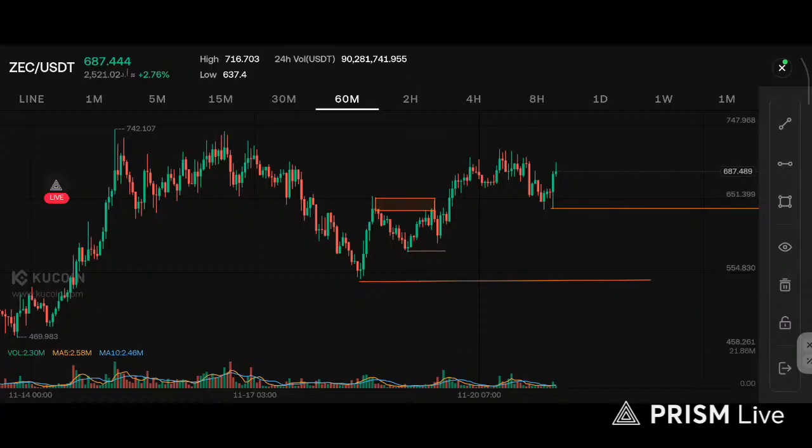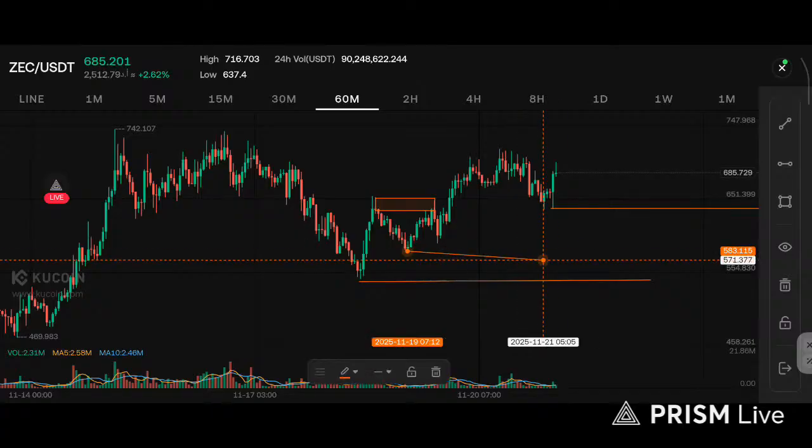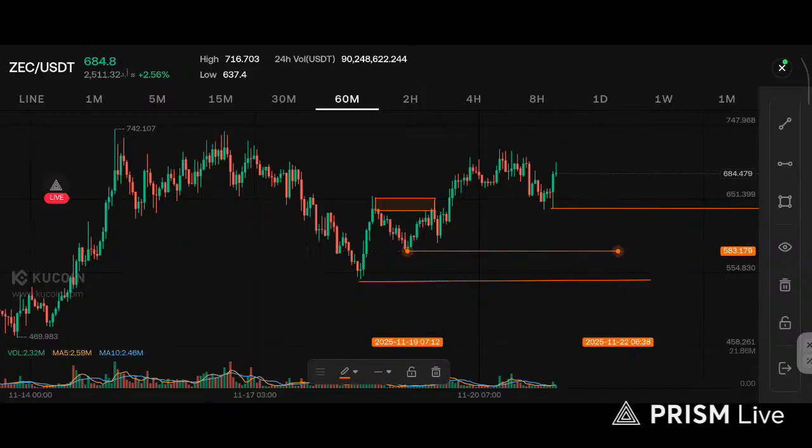Zcash is a little bit lighter, so it reacts fast to liquidity inflows. You see, there was a little liquidity over here, the market moved fast, creating a series of higher highs and higher lows. So we expect another higher high, then we can position ourselves for a higher low and buy from there.